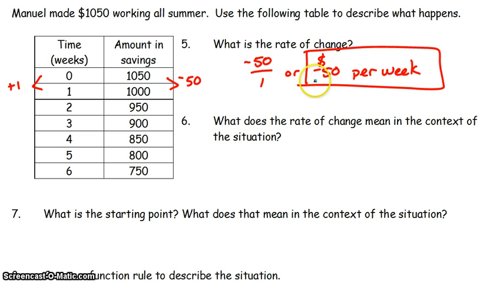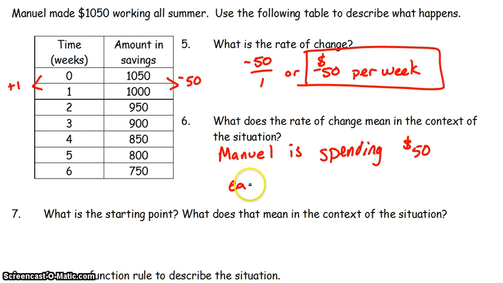So that's why it's negative. It means that Manuel is spending $50 each week.